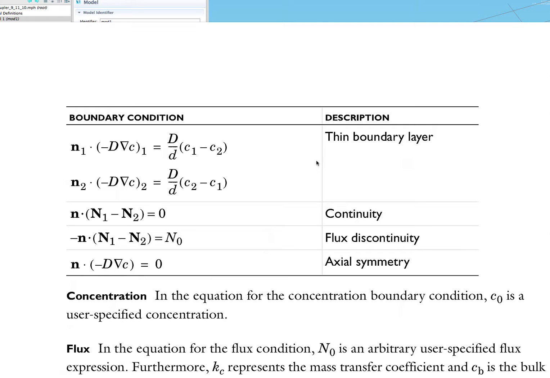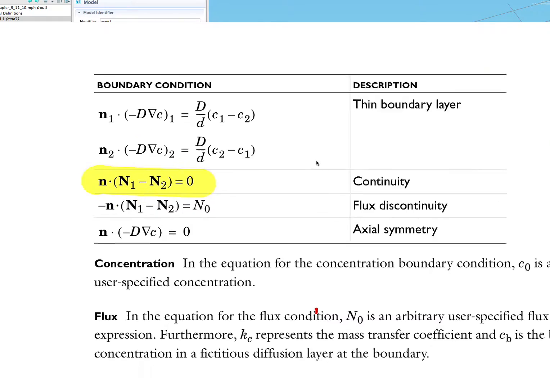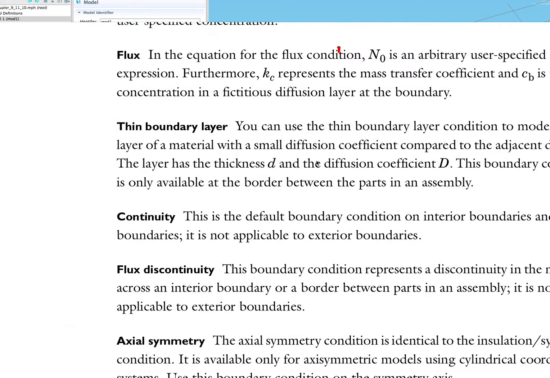For example, across an interface, you can have the dot product of the normal to the surface times the difference between N1 and N2 equal to 0 if it is continuous, or N0 when you know there's a jump in the flux.